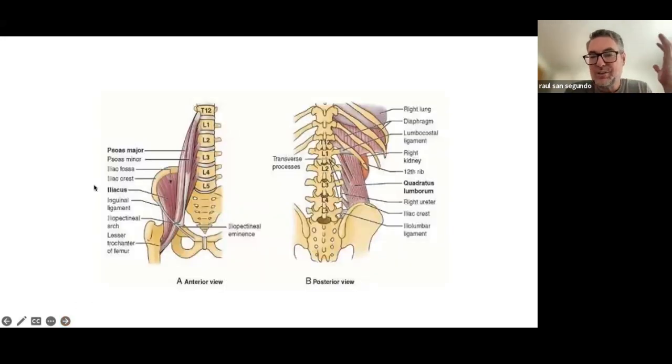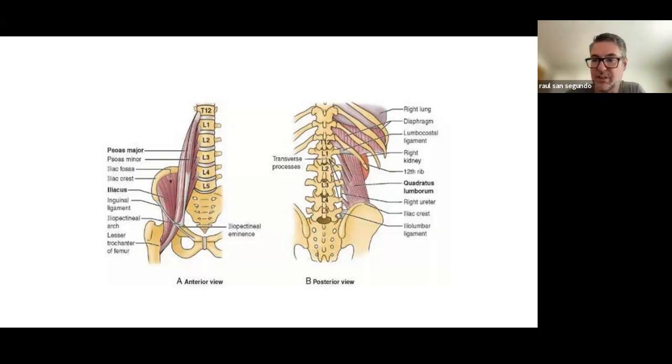Okay, so the first thing we have to remember here is the psoas major connection and the quadratus lumborum connection. The diaphragm is something we talk about when we meet. It's going to adapt to what the lower limb dysfunctions transmit.